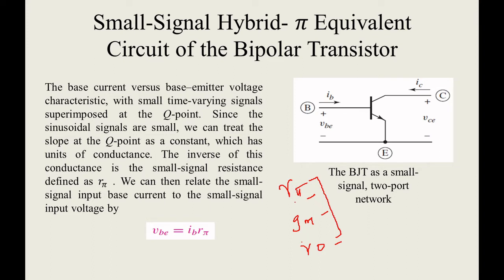First we will see what r pi is. That is a very important part. I have given a detailed explanation, and I'll just read out some very important points. The base current versus base emitter voltage characteristics with the small time varying signal is superimposed at the Q point. That means what they're trying to say is I am drawing the small i, capital B, and small v or VBE.